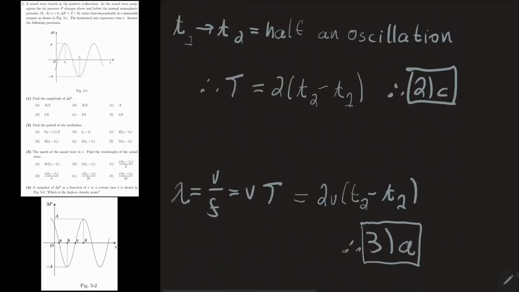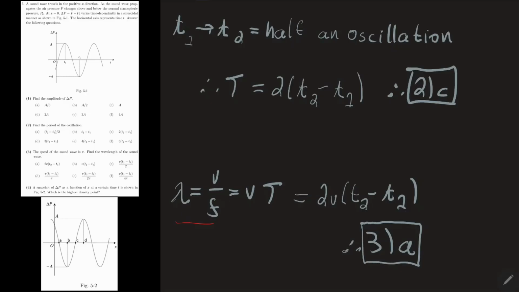Next is part 3, which says the speed of the sound wave is v, find the wavelength of the sound wave. For this, we use the equation for the speed of a wave, and we rearrange it to find the wavelength, which is velocity over frequency, right?